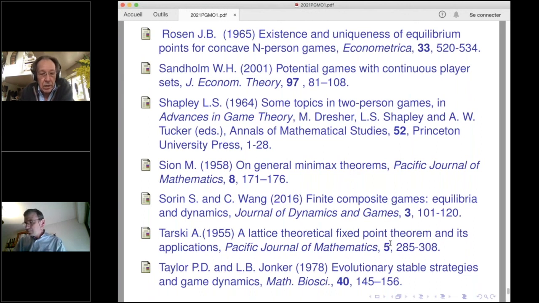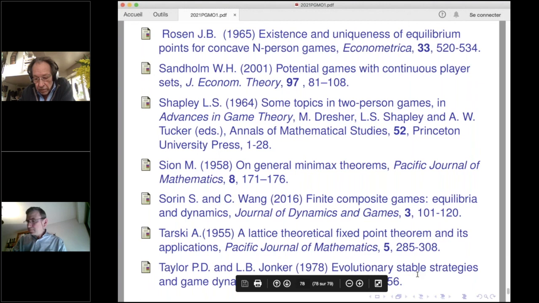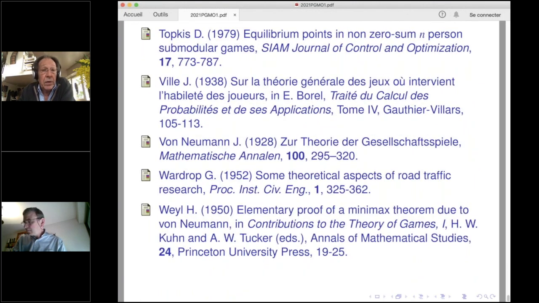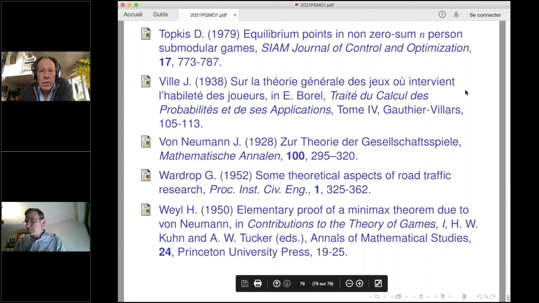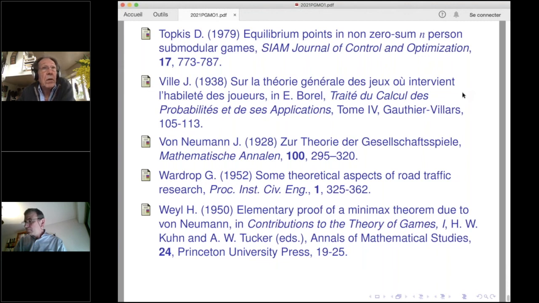And Taylor and Jonker was the replicator dynamics. Tompkins was for the proof using Tarski. This is Ville with the first min-max theorem using the Hahn-Banach. This is the initial von Neumann theorem. Wardrop is Wardrop equilibria, and Weyl is for the min-max theorem in ordered fields. That's it for this morning.